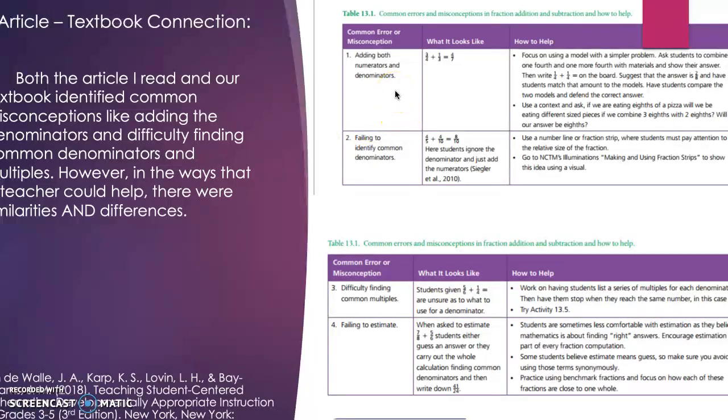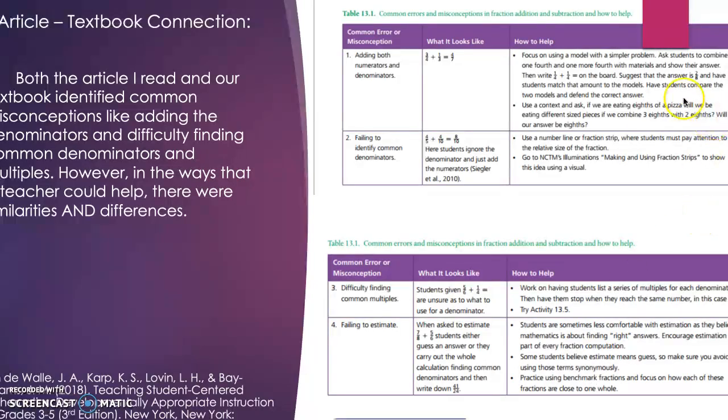They both recognize that students usually have a problem adding both the numerators and the denominators, and then different things like identifying common denominators and finding common multiples. That was the same, I believe, from the article to our textbook. However, I did find that there were some things that were the same on how to help the students overcome these misconceptions, but I found that there were differences too.